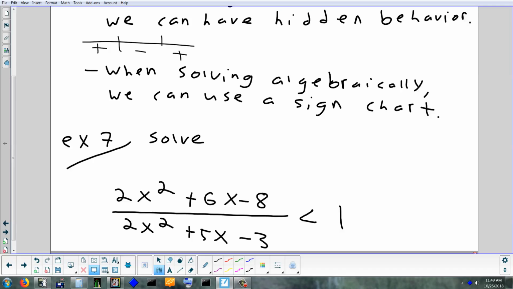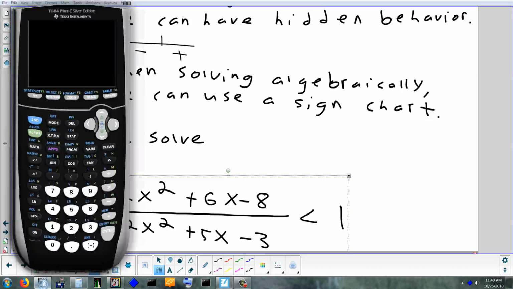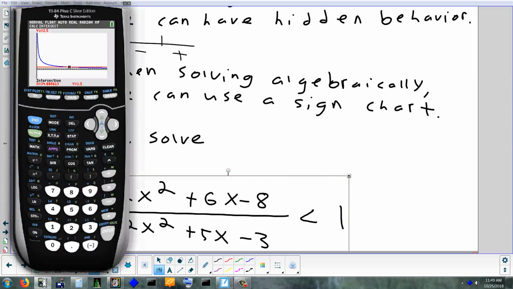The problem is if you want to do it algebraically, you have to get everything on one side and get 0 on the other. So I think for this one, I'm just going to do it graphically. So we'll put what's on the left in y1, put what's on the right in y2, and look at where what's on the left is below what's on the right. Okay. So let's see what happens.